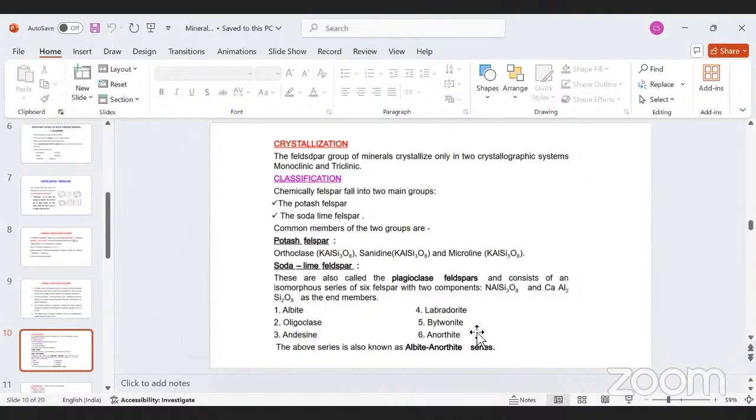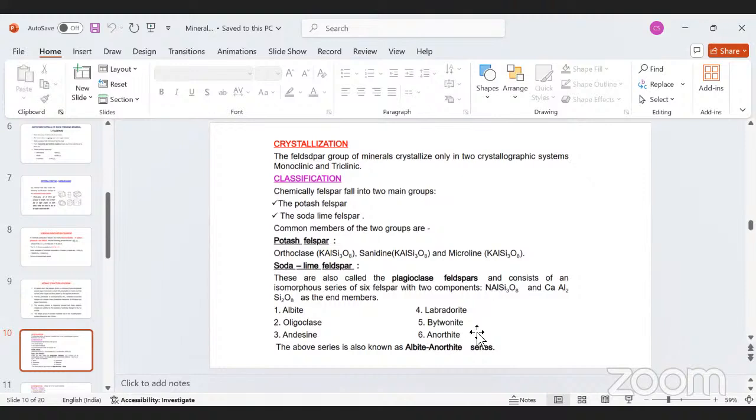The examples for this are NaAlSi3O8 and KAl2Si2O8: albite, oligoclase, andesine, labradorite, bytownite, and anorthite.